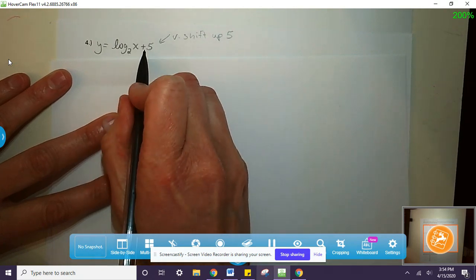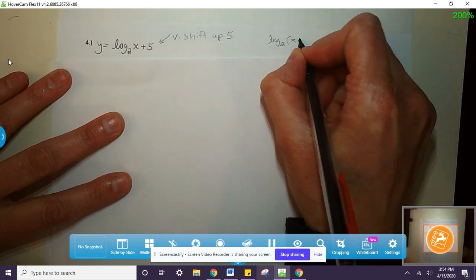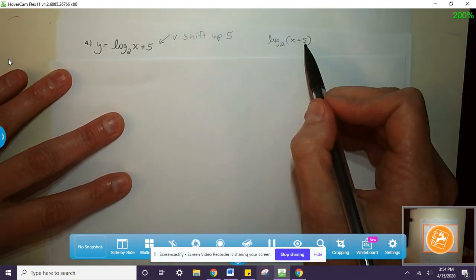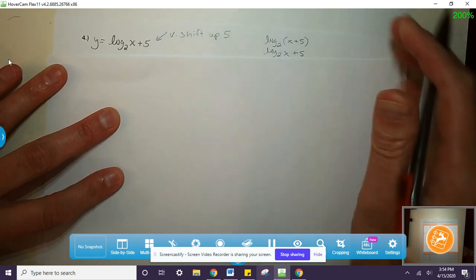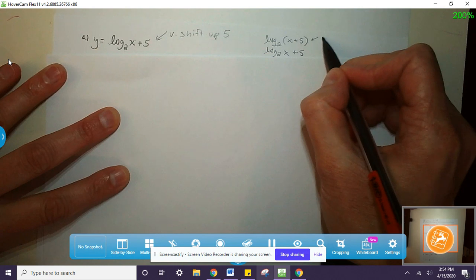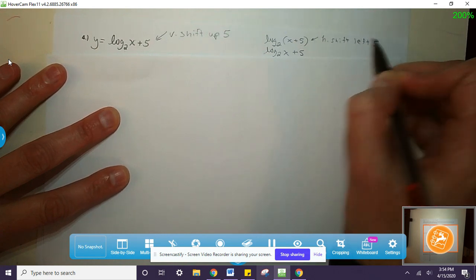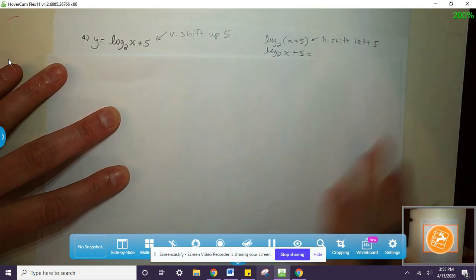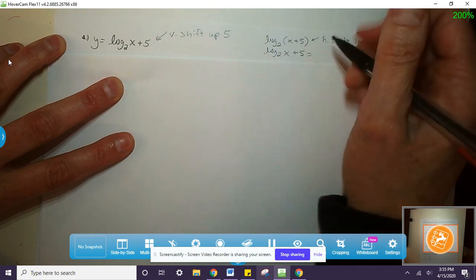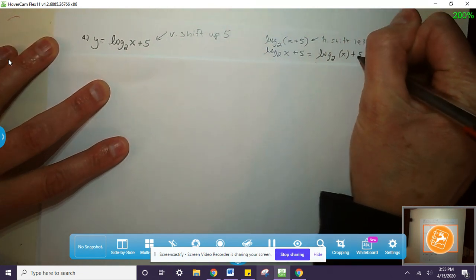And I can tell this is a vertical shift because if you look back at the previous examples, to have a horizontal shift, it would have to be inside. So just to show you the difference here, this would be a horizontal shift because that plus 5 is inside of the parentheses. When you have log base 2 of x with a plus 5 at the end, that would be equivalent to saying that you have log base 2 of x and then a plus 5 at the end.